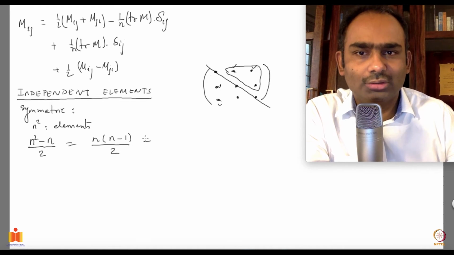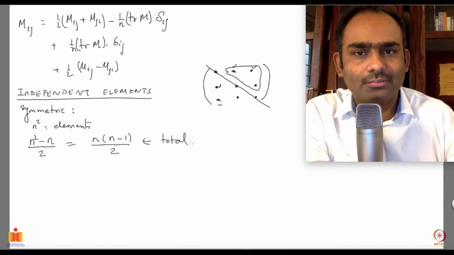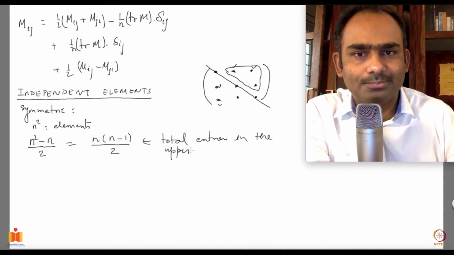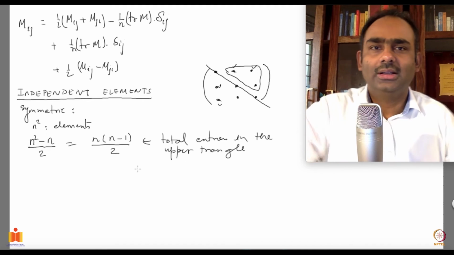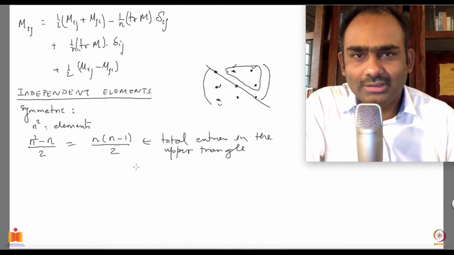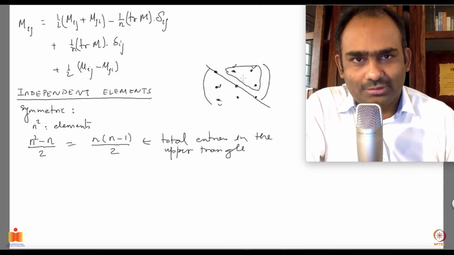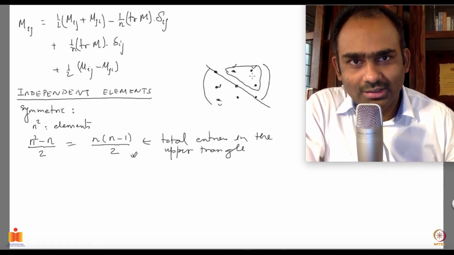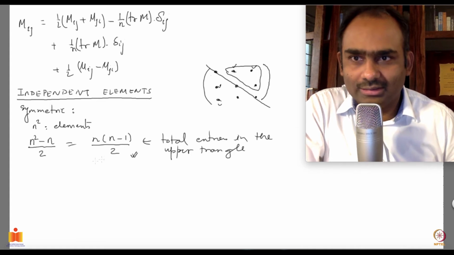So these are the total entries in the upper half, upper triangle. That's good. So how many do we have in total independent ones? Of course, the ones which you have calculated just now, these ones, and I don't bother about these because they are the same. And then of course the n on the diagonal.